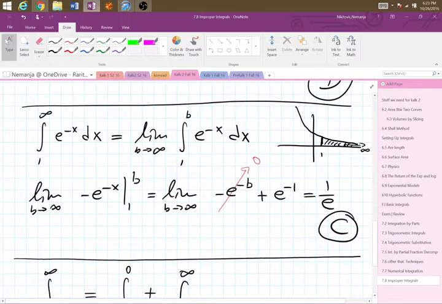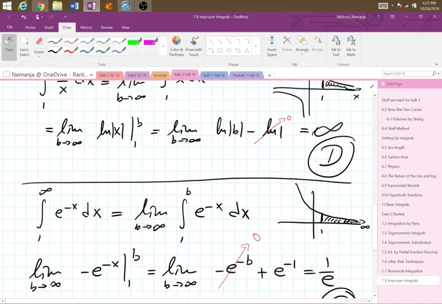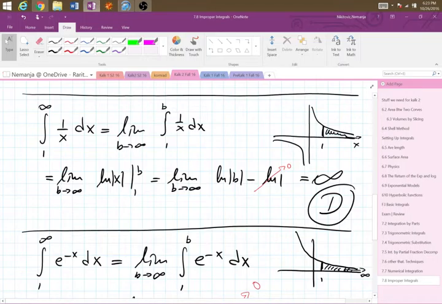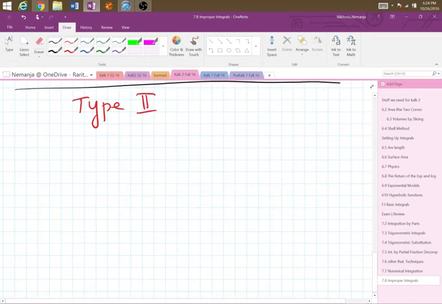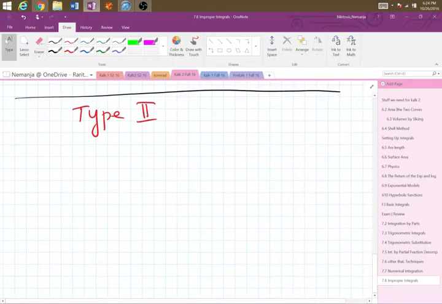So the area is leaking over there, and because of that, we say the area will converge to a value. Now, if the area is not converging to a value, then we say it's divergent. Divergent means breaks off, goes away, moves away, and so on. So that's the meaning of convergence and divergence.